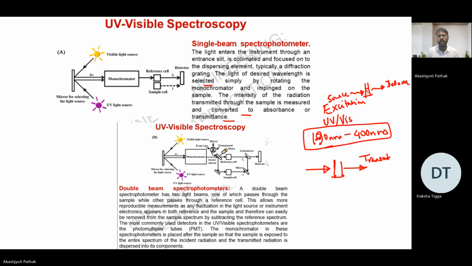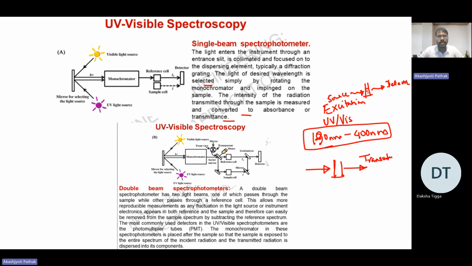Now you can have a single beam spectrophotometer. A single beam spectrophotometer has only a single chamber where you can place your cuvette, while a double beam spectrophotometer will have two different sample holding chambers. In one of the chambers you need to add your buffer or the reference solution, and in the other you will have the sample which is present in your buffer.